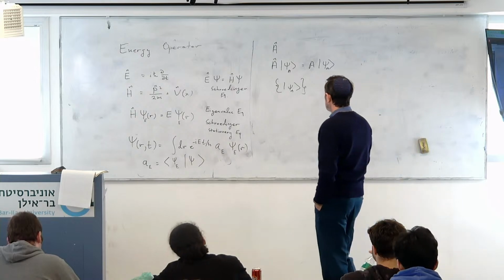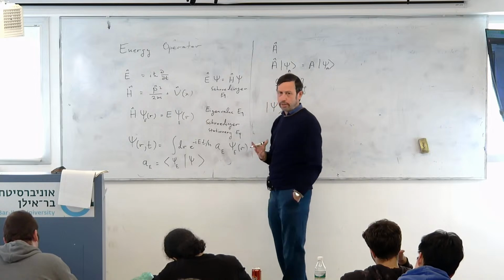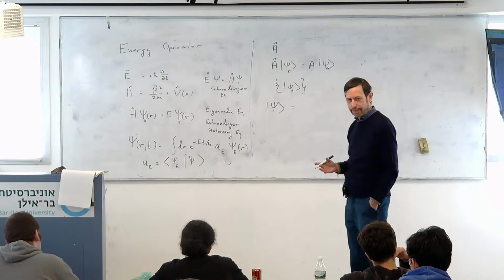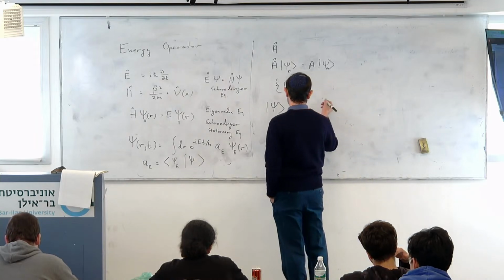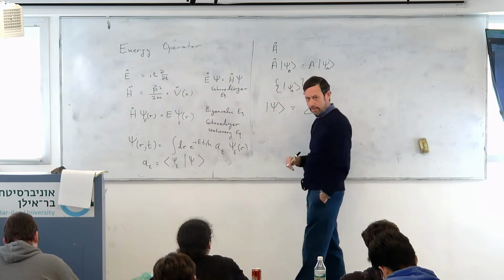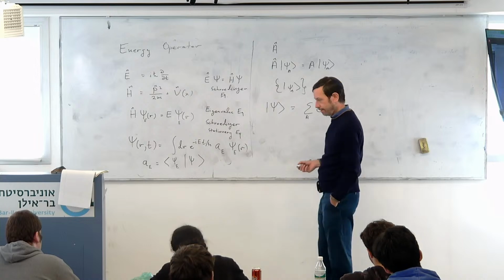Okay? So, if you come and give me any wave function in this Hilbert space, it could be written as a sum of C of A, sum over all the A's here.